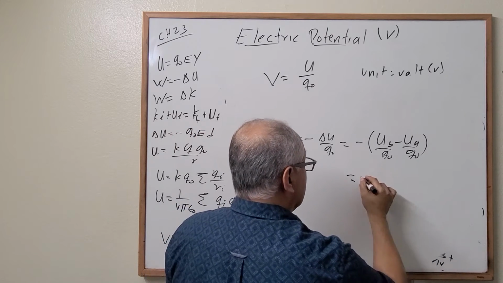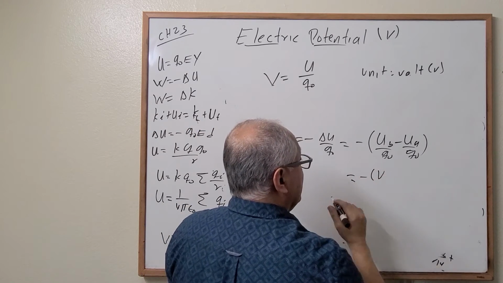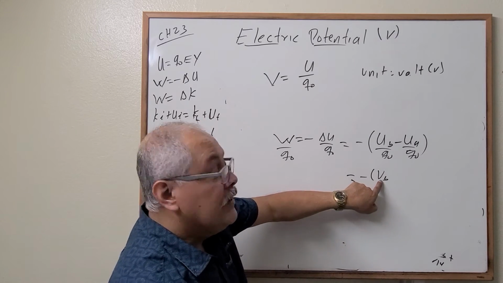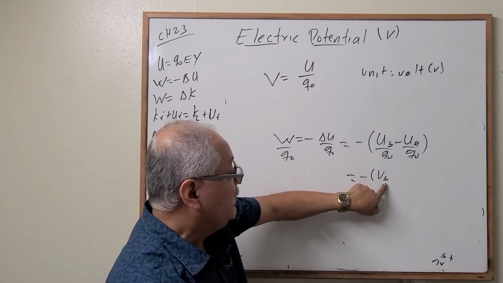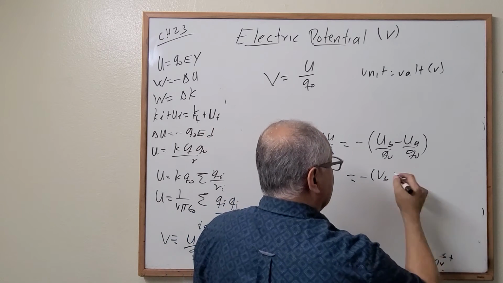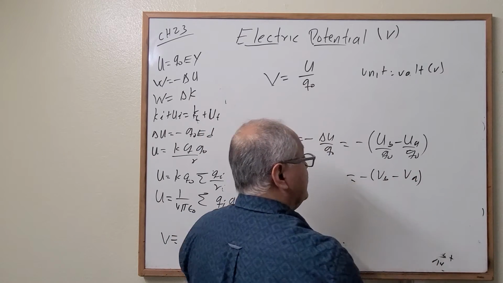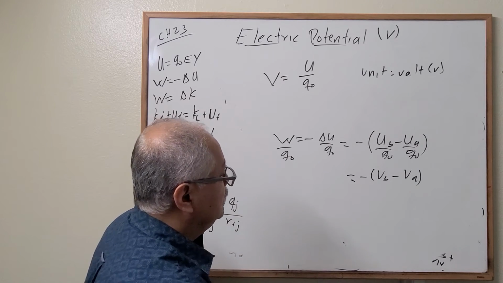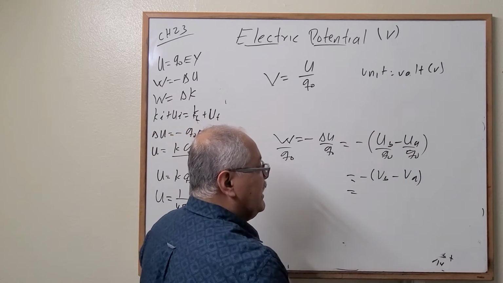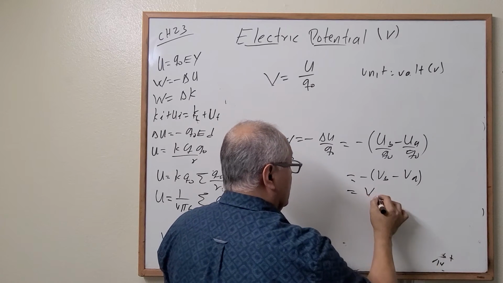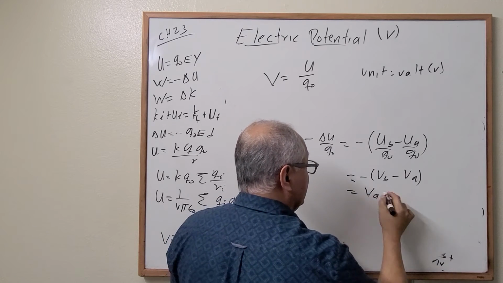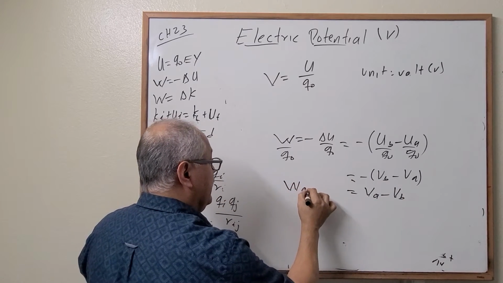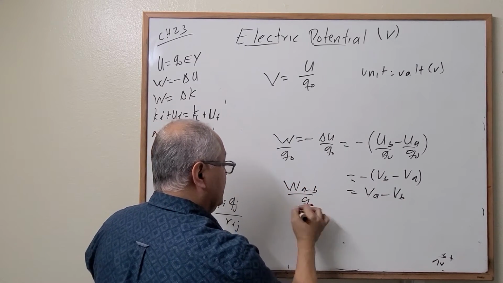Okay, so it's equal to negative the potential at B minus the potential at A. Or we can leave it like that, or we can go to electric potential at A minus electric potential at B. So that's the work done from A to B divided by Q naught.